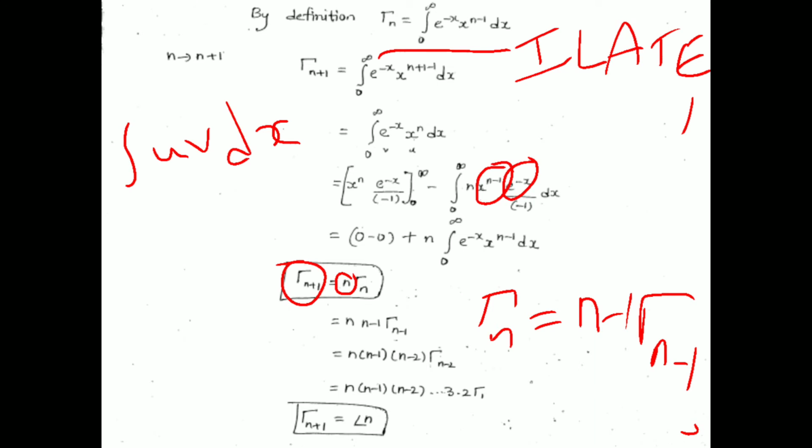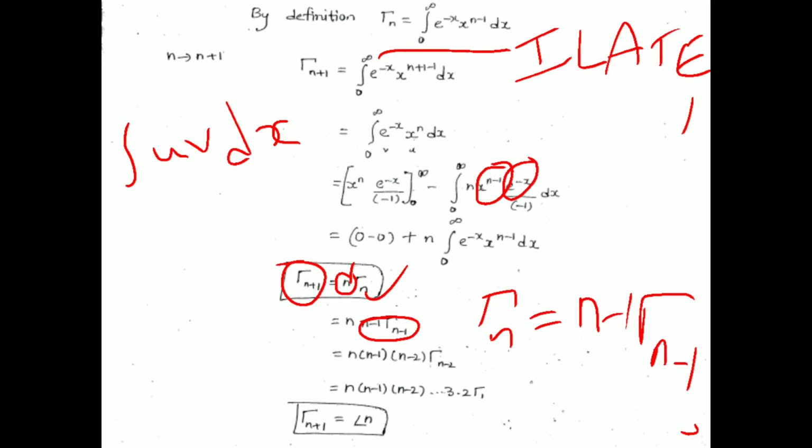So what we did here, in order to get n, n plus 1 must be subtracted with 1, n plus 1 minus 1, that is nothing but n. Hence we are having this n gamma n. In the similar fashion, gamma n is nothing but n minus 1 into gamma n minus 1.